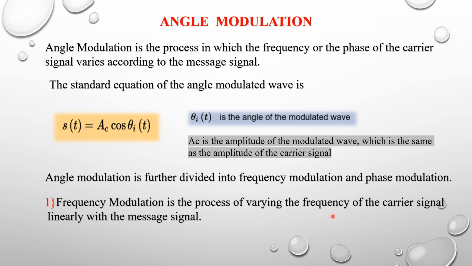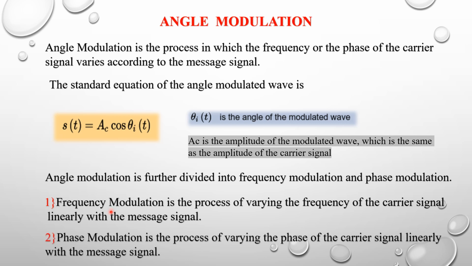The second type is phase modulation, the process of varying the phase of the carrier signal linearly with the message signal.